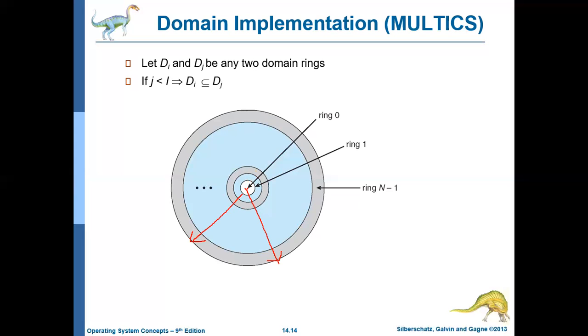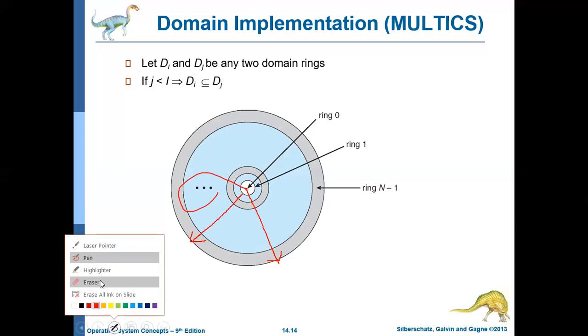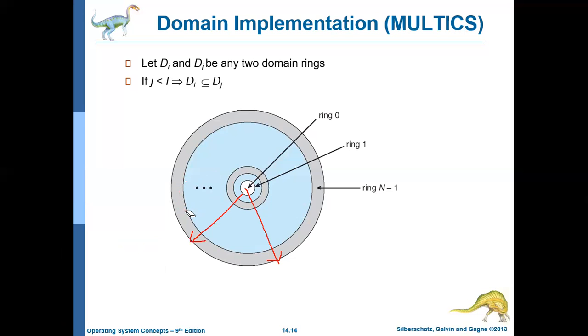From domain 1, you can access the entire system except domain 0. Similarly, from domain 2, you can access the entire system except domain 0 and domain 1.